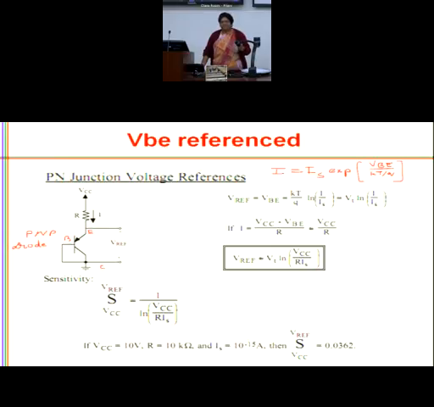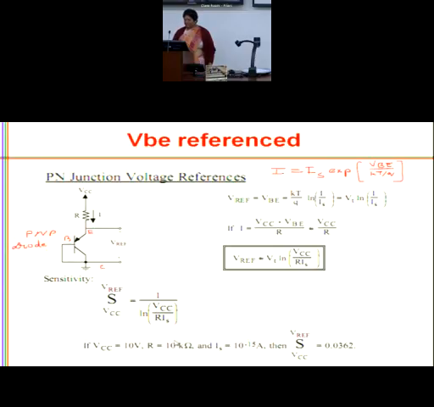But suppose I want to have an idea, a first order estimate. So I assume that here VCC is much larger than V emitter base. VCC is at 10 volts, VBE is only 0.7. Neglect it and then try to compute your sensitivity, which comes out to be this expression. An approximated value I want to know with hand calculations.